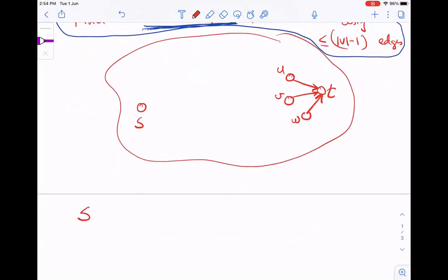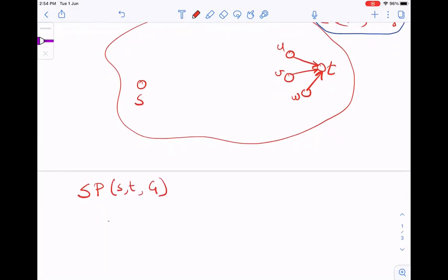I want to find the shortest path from S to T in G, where G is the weighted graph. So what I do is look at all the vertices from where you can go to T, right?